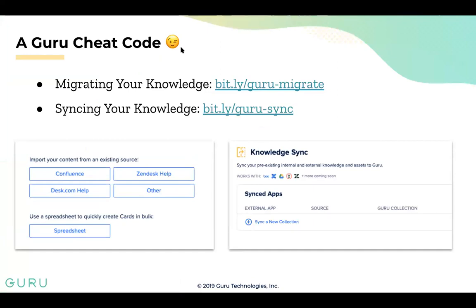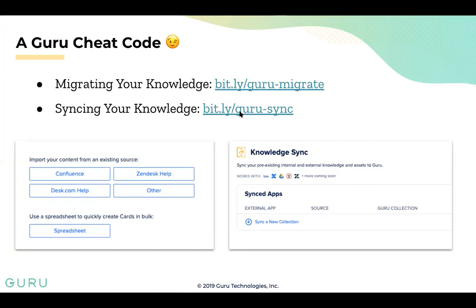If you remember from last week, I showed you guys this slide, which is what we're calling the Guru cheat code. If you want to add knowledge in bulk from existing sources or just in general, this is a great place to get started. We have a bit.ly here to our migration information as well as syncs.